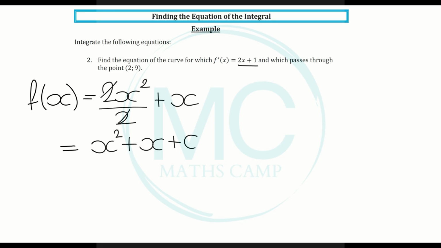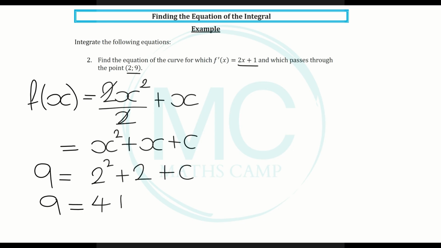Now we can look at our point, 2, 9. Our y-coordinate is 9, so we can say 9 is equal to, x is 2. This becomes 2 squared plus 2 plus c. Now we have 9 is equal to 2 squared, which is 4, plus 2 plus c. 4 plus 2 gives us 6. 9 minus 6 gives us 3.